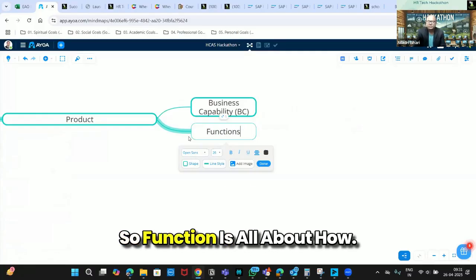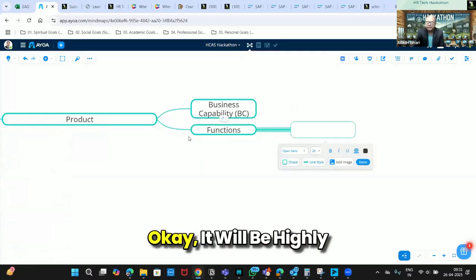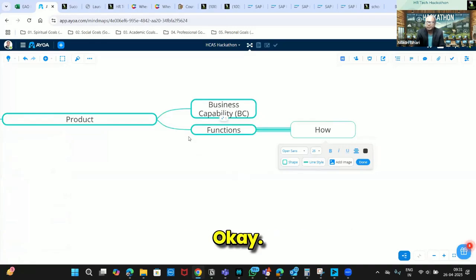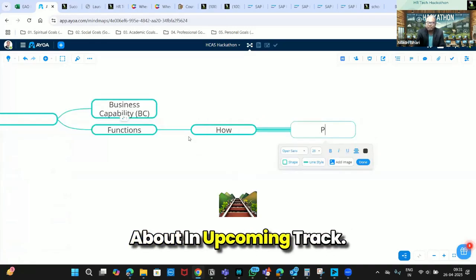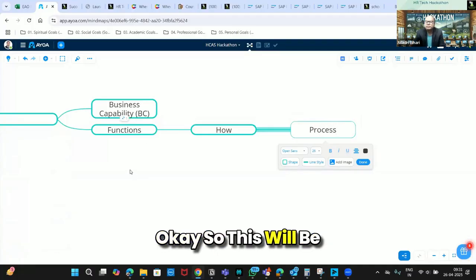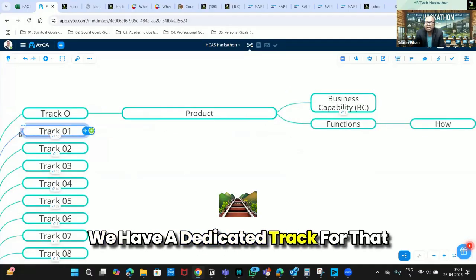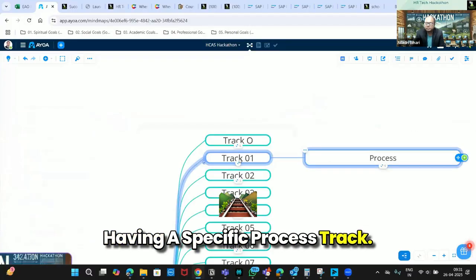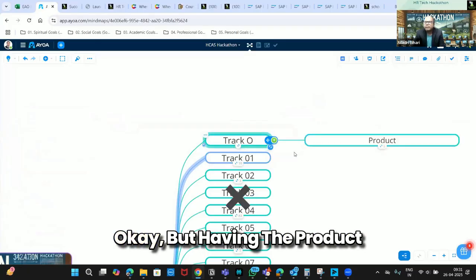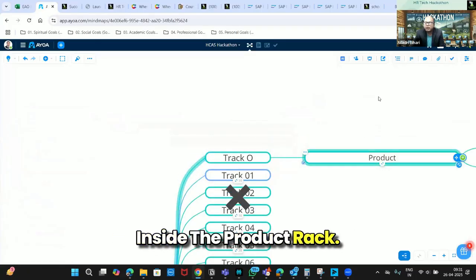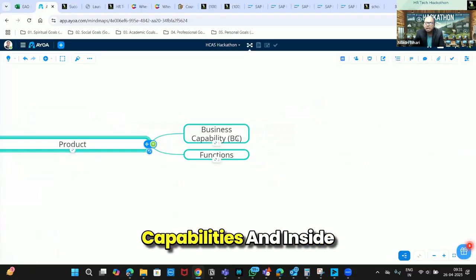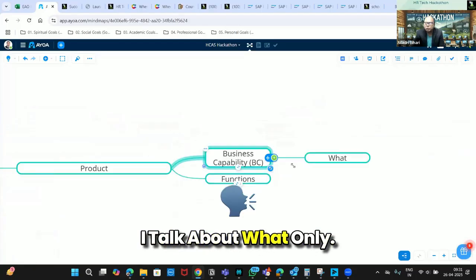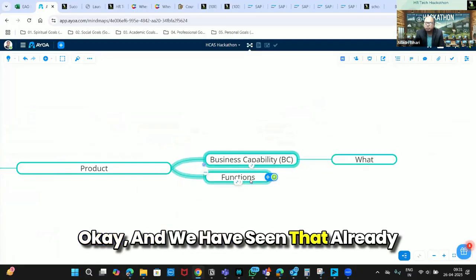A function is all about how. It is highly focused on the process, which we will talk about in the upcoming track. This will be your process track, a dedicated track after the product track. Inside the product track, we have business capabilities, and inside a business capability I talk about the what only. We have seen that already.